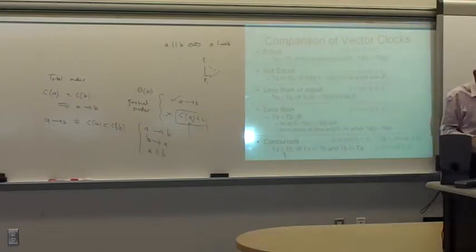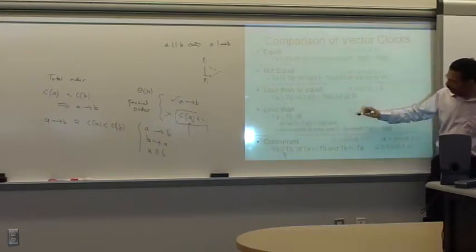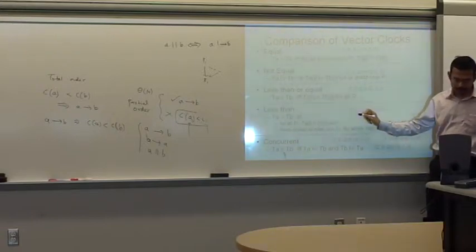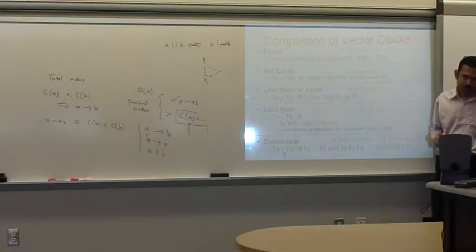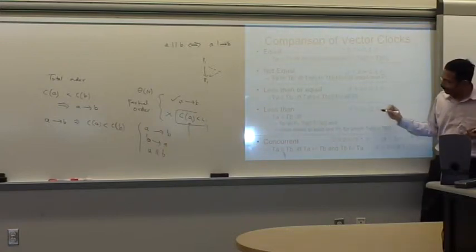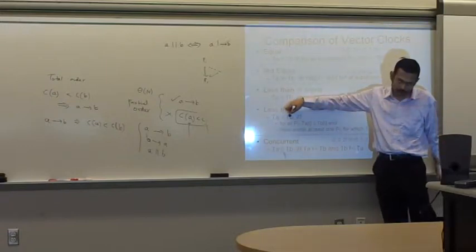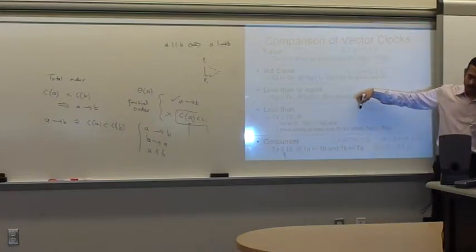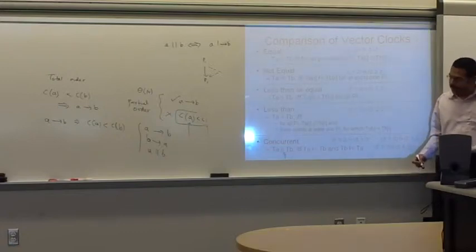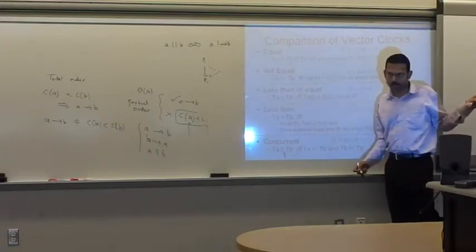So for at least one process entry, the value on the left side should be strictly less than the value on the other one. Then we can say the timestamp of event A is less than the timestamp of event B, if at least for one entry it is less. Of course the others have to be less than or equal to. Okay?